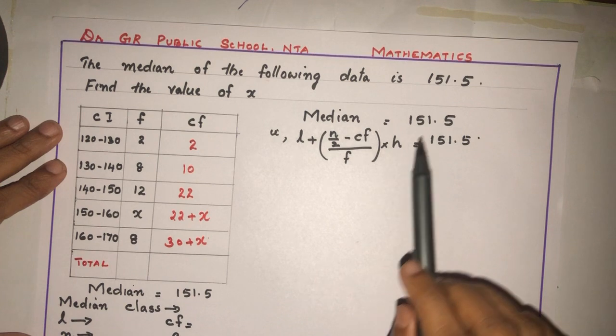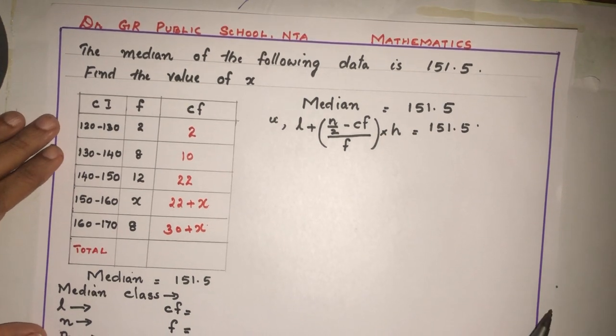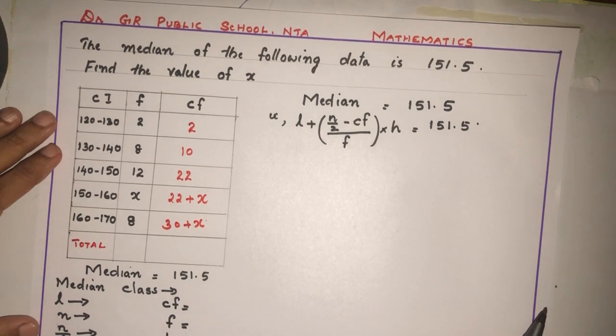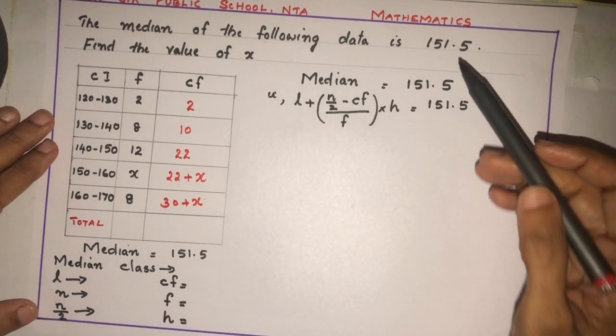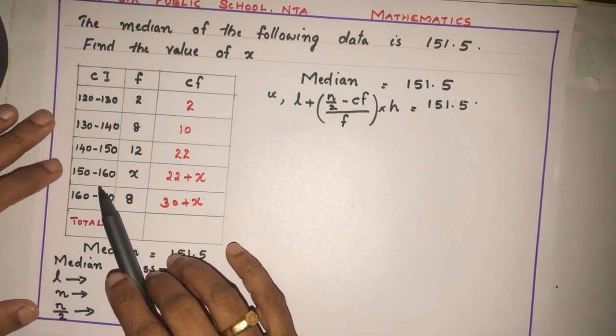Here the median is given, 151.5. So we can say the median class very easily. It is not like the problems to find out the median. For missing frequency questions, the median class is very easy to find out because the median is given. 151.5 is lying in which class?